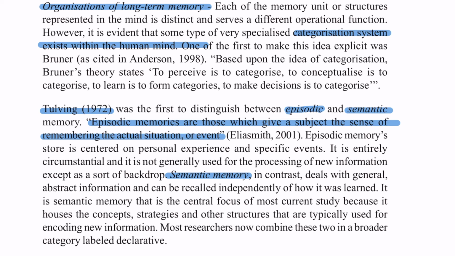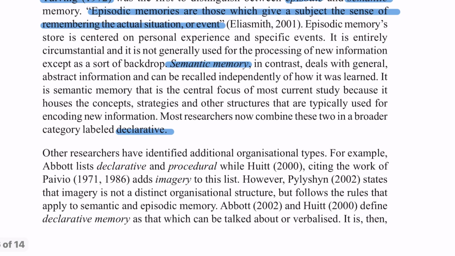And when episodic and semantic memory are combined, some researchers call it declarative memory. I have shared that chart with you in the last lecture, so you can refer to that chart also.